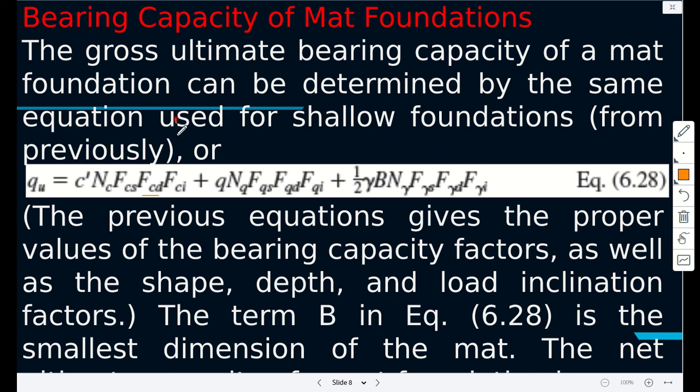There's another factor for compressibility, I think Fcc, and you multiply all these. In this case we are only considering the shape, the depth, and load inclination. Sometimes you can also modify for soil compressibility, as shown in equation 6.28.